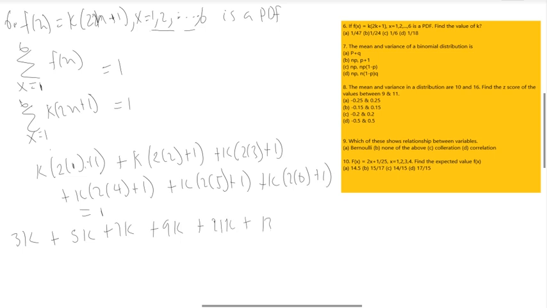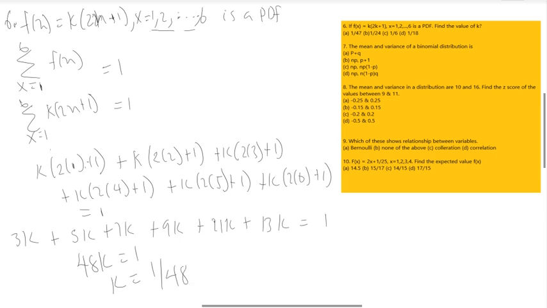The next one we have 13k. And all of it is equal to 1. So we have 3 + 5 + 7 + 9 + 11 + 13, right? So this gives us 48. So we are going to say that 48k is equal to 1 and k is equal to 1 over 48. So I found the value of k now.